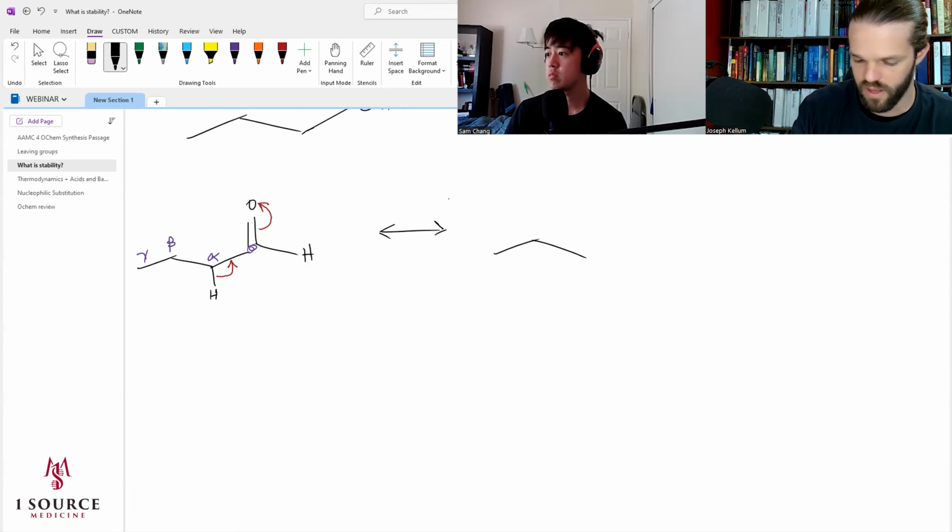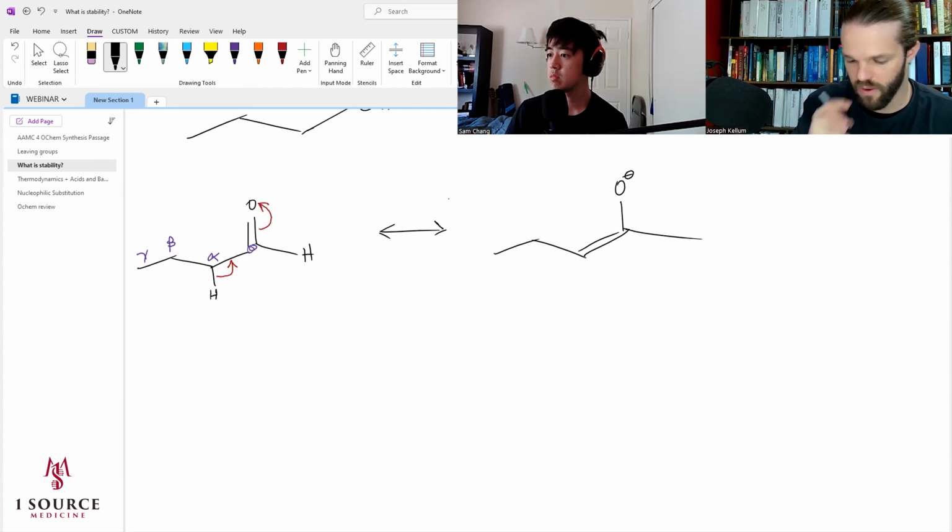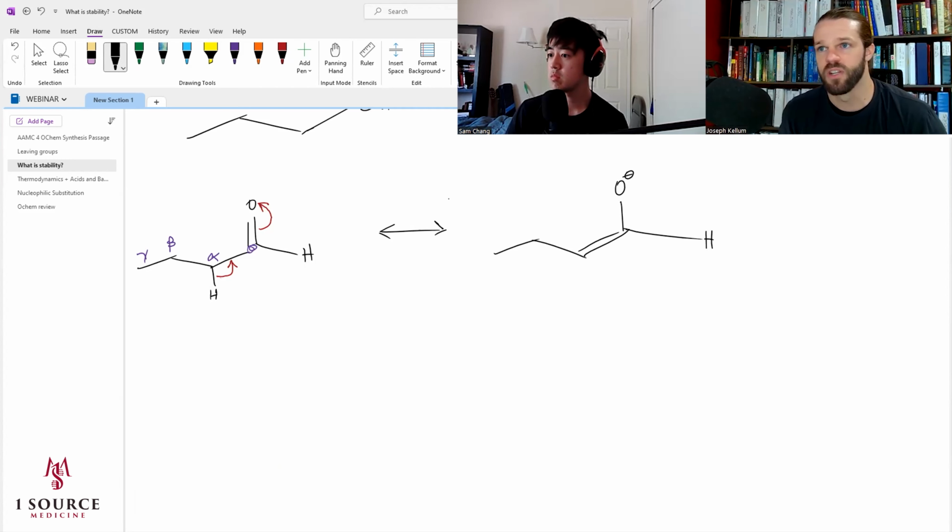So what you end up with here is this enol. Well, it's enolate right now because I haven't put a hydrogen on there, but then it would grab a hydrogen out of solution. And so the conversion back and forth between these two is what tautomerization is, by the way.